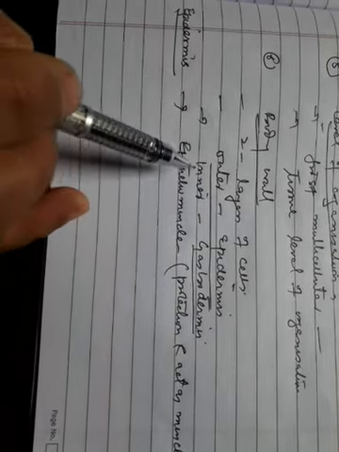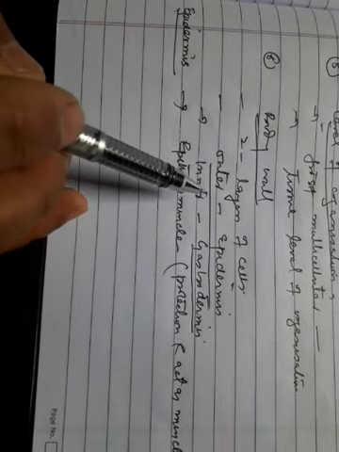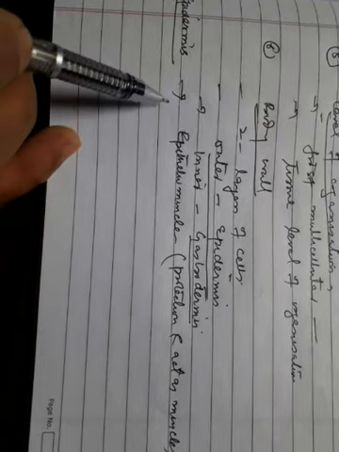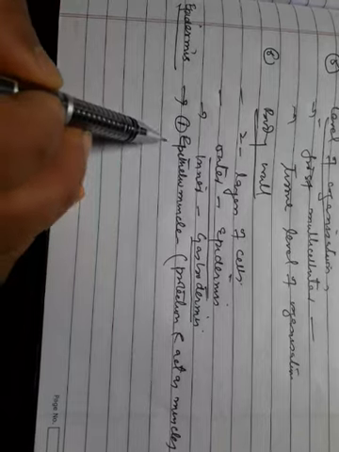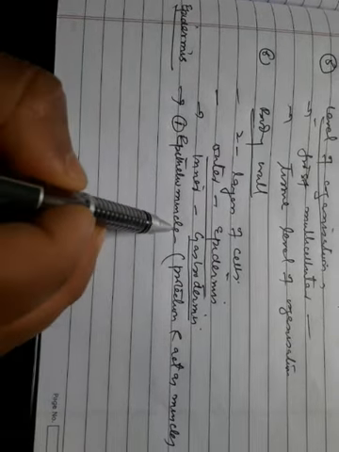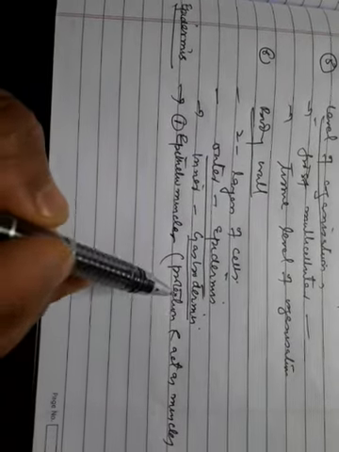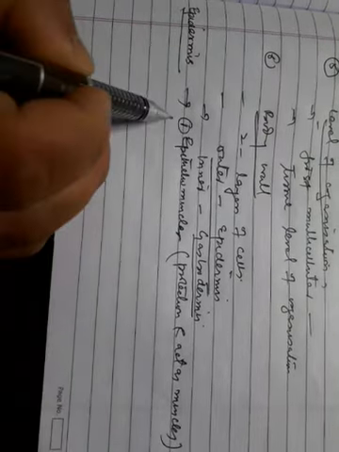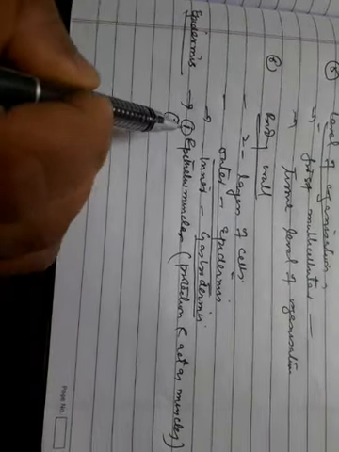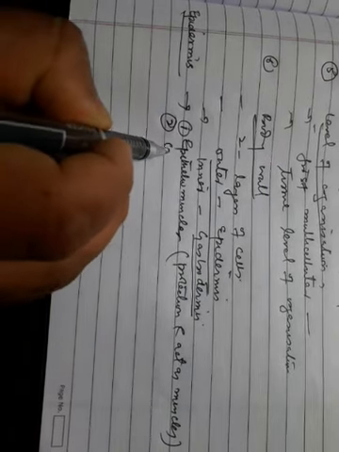So far as the outer layer of cells, that is the epidermis, is concerned, epidermis consists of the following cells. Number one, epitheliomuscular cells. These cells are for protection and act as muscles. Then we have cnidoblasts.